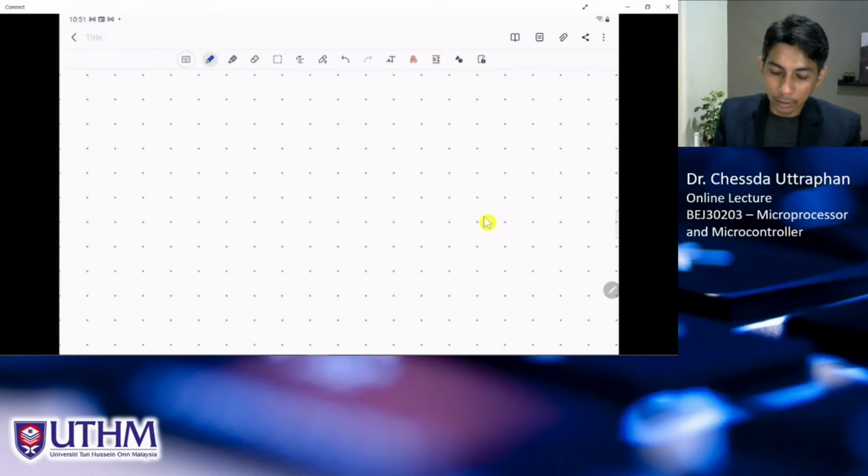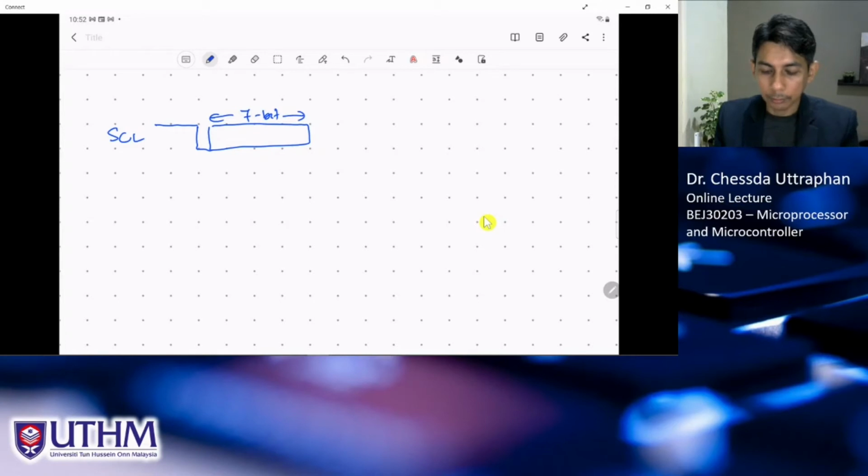So let's look at the ideal case for the I2C at the SCL line. When we have the data, of course, the first one will be the address, sorry, the address, which is a 7-bit address.